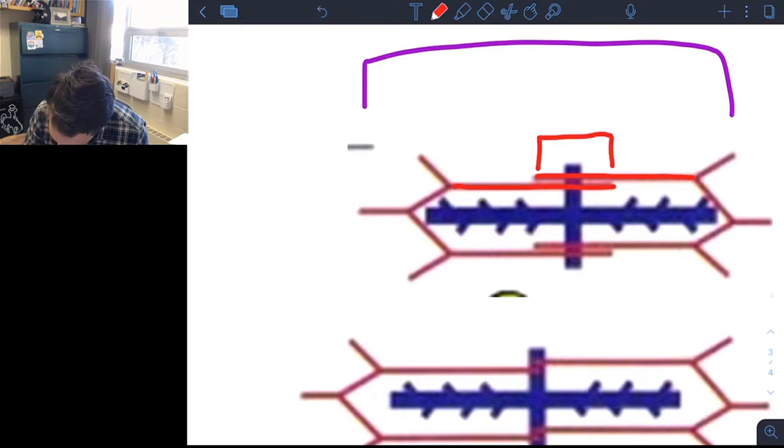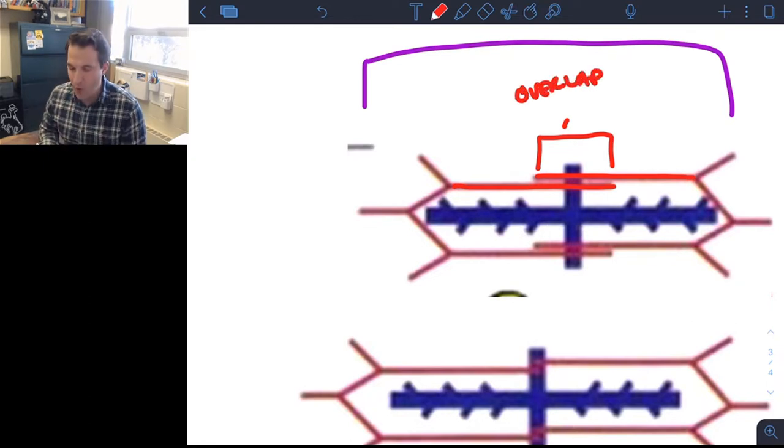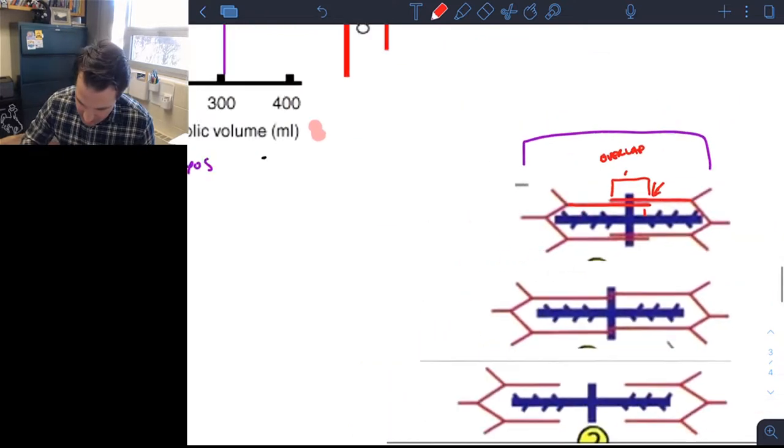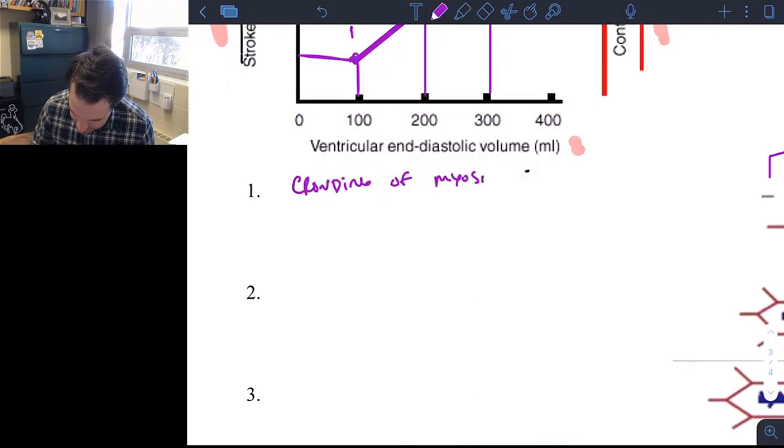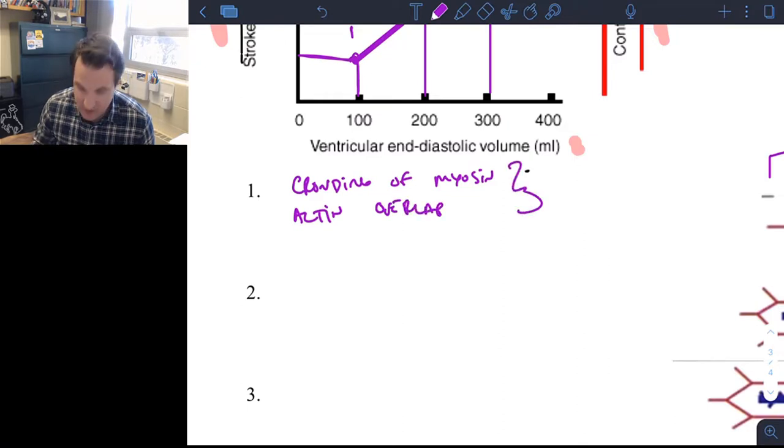This right here is overlap. If you have overlap, you're not going to be able to produce force, moving one Z line closer to the other one. This myosin can't get onto this outside actin filament because the inside one is blocking the way. All right, so because of this overlap, we already said we have the crowding of the myosin, actin overlap. These two things result in poor force production.